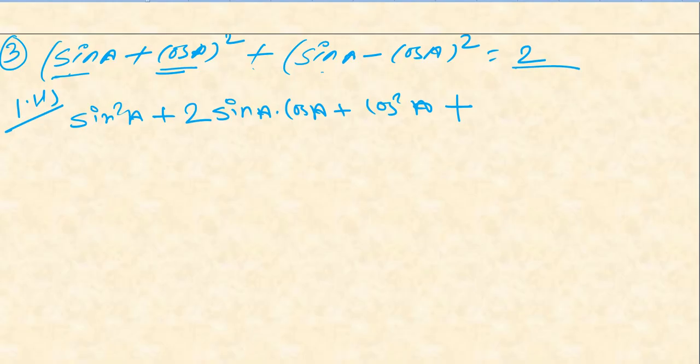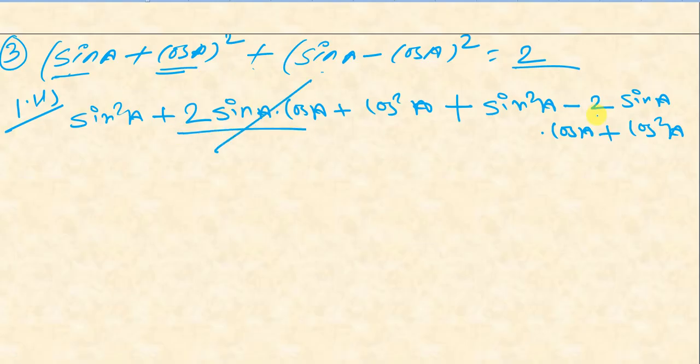A square minus 2ab plus b square is sin square A minus 2 sin A cos A plus cos square A, is our formula.